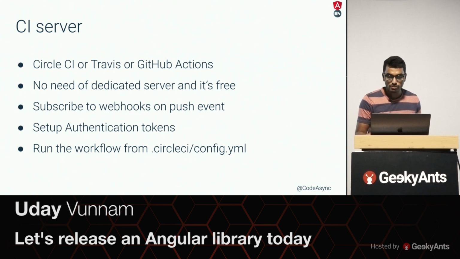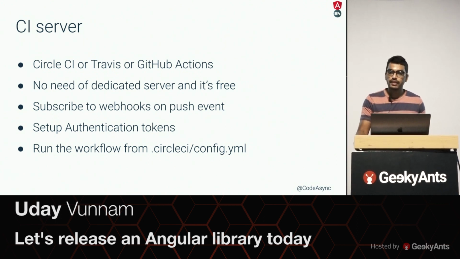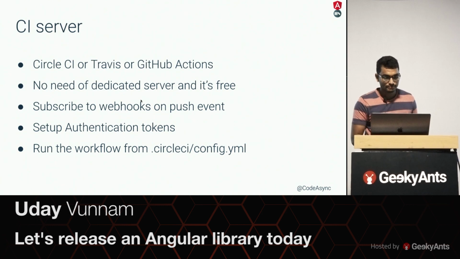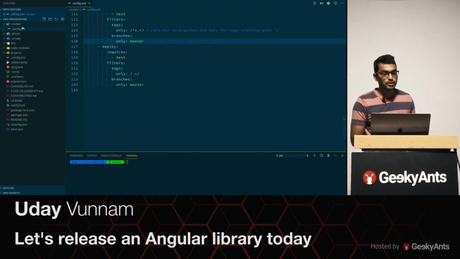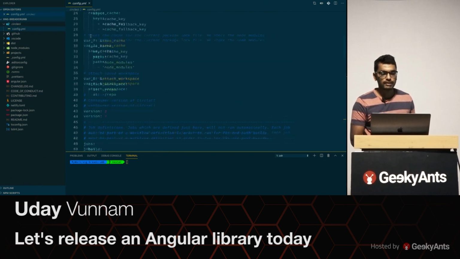And out of all this process, authentication tokens are important, because these are different services interacting together. So you have to provide them authentication and authorization tokens at a granular level, so that they can do certain tasks on your behalf. For Circle CI, the primary thing is you need to add a file like this, .circleci/config.yaml.